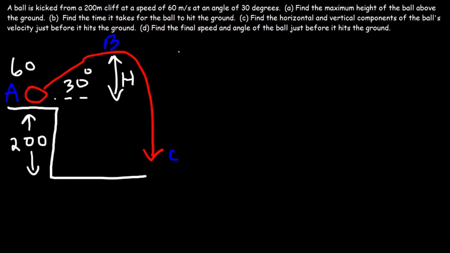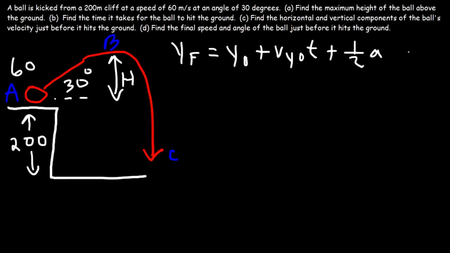So first, let's write an equation that gives us the height above the ground at any time t. So we can use this equation. Y initial is the height of the cliff, which is 200 meters.